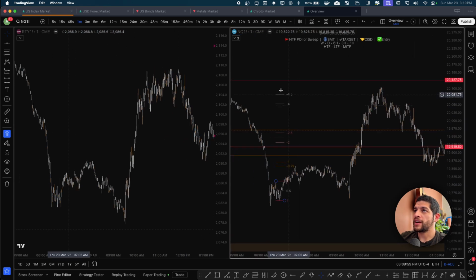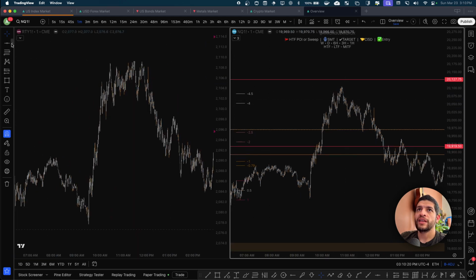So then I can be like, oh, cool, this is what I was looking for. I was looking for a short here. I did get stopped out, but it was a valid entry. I was looking for it at the right place. And then I was looking for another short here. I did get in earlier, ultimately, but this was super sloppy, but we did get that SMT.